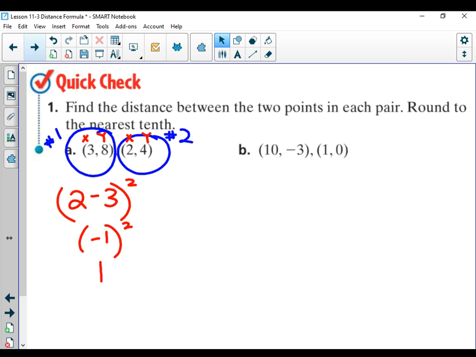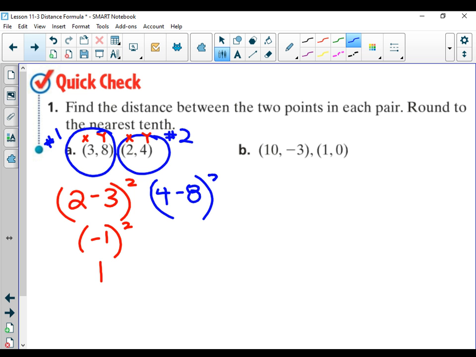Now I'm on to my y's. Y from group 2. Y from group 1. Subtract, parentheses, squared. 4 minus 8. Negative 4 times itself.